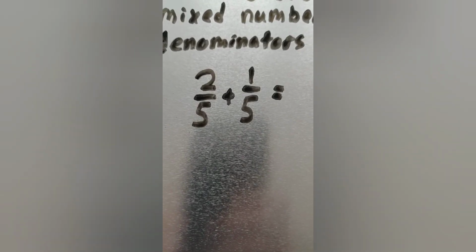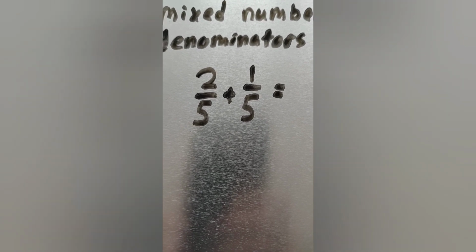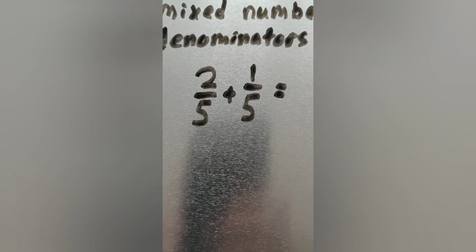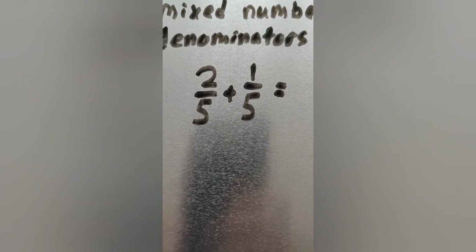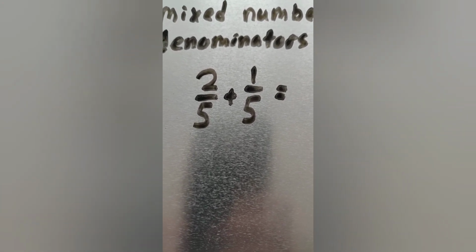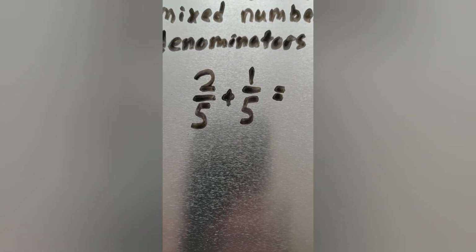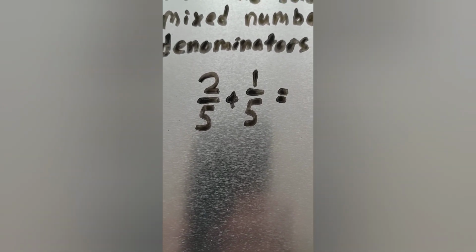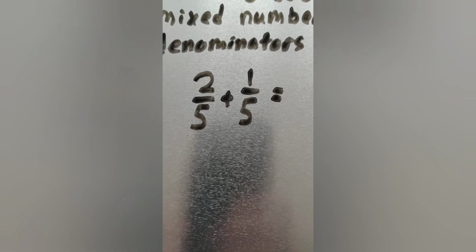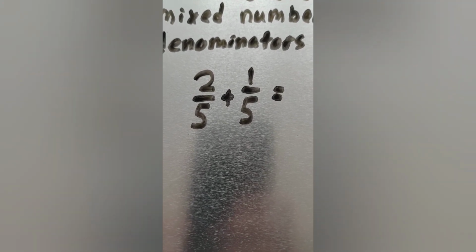And then our problem says we want to add another 1/5. You see the plus sign. When you add something, it increases in value. So we want our 2/5 to increase in value by another 1/5, or 1 part of a 5-part whole.